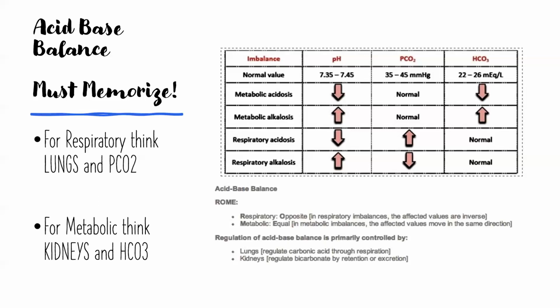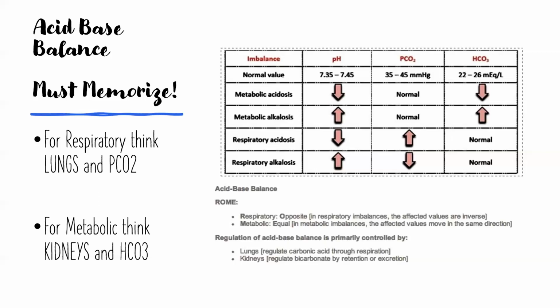So the acronym ROAM means respiratory is opposite. In respiratory imbalances, the affected values are inverse, meaning we're using the pH values as our guide. And for metabolic, they are equal.